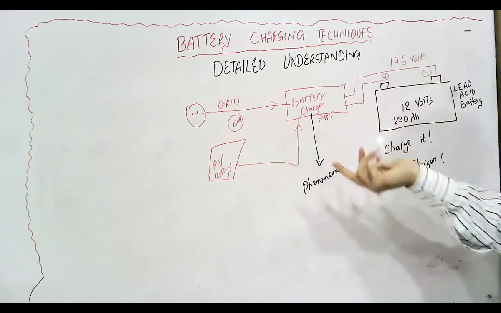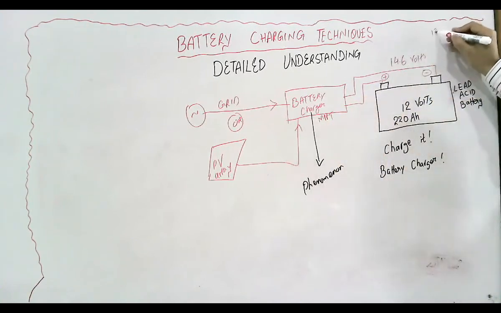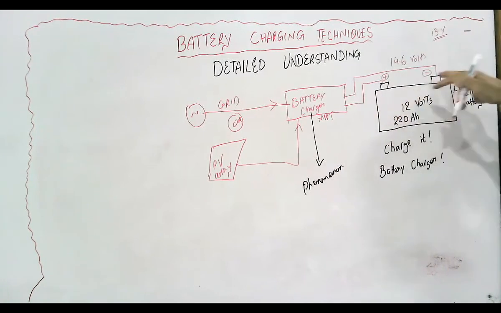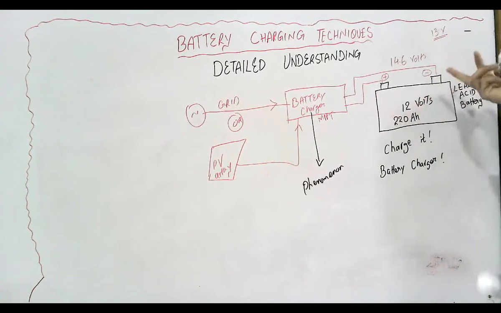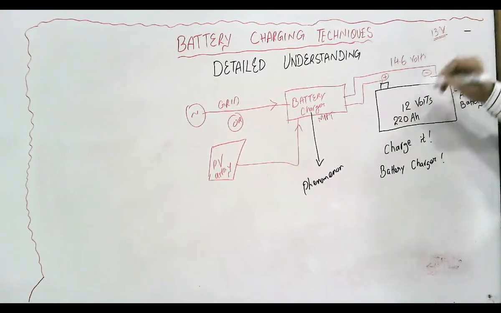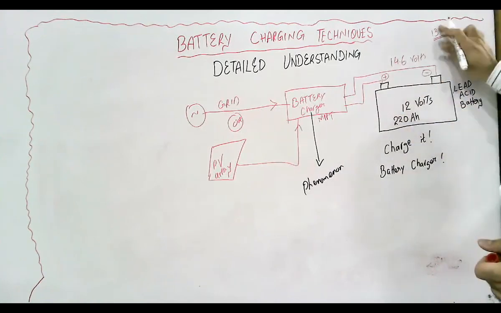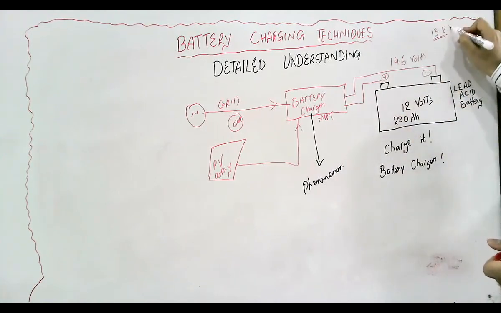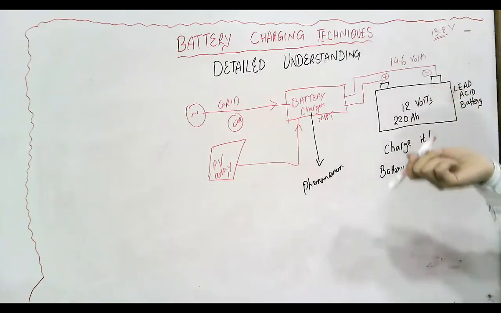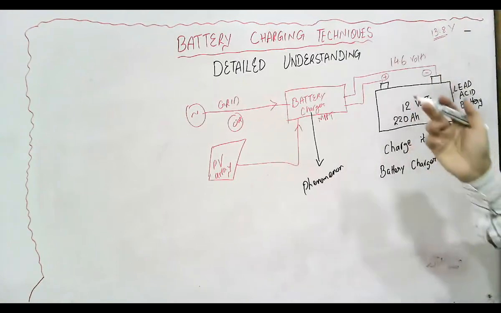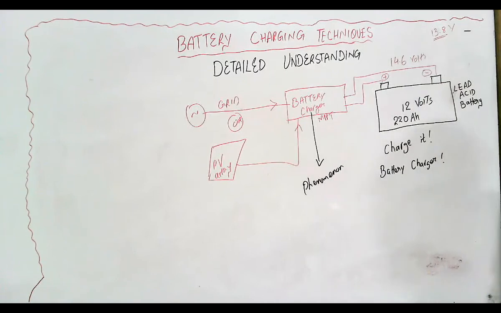The voltage must be higher than the voltage rating of the battery. Normally battery chargers charge the battery around 14 volts or so, 13.8 volts up to 14.6 volts are applied across the battery. Now this is the voltage rating.